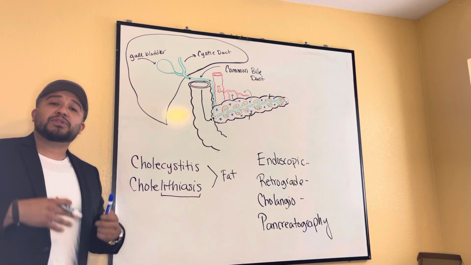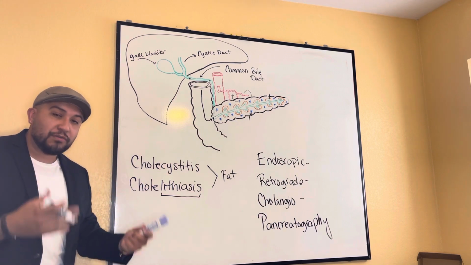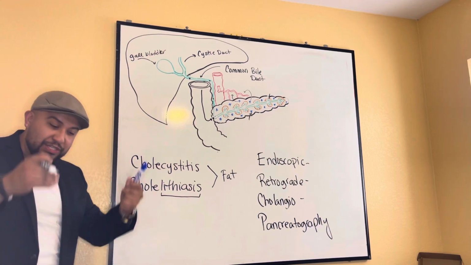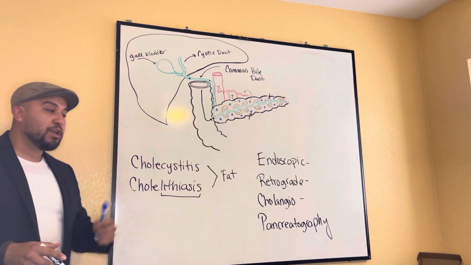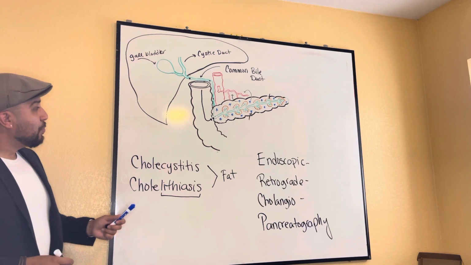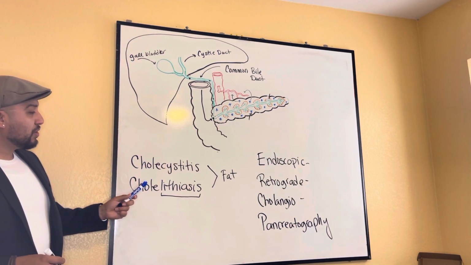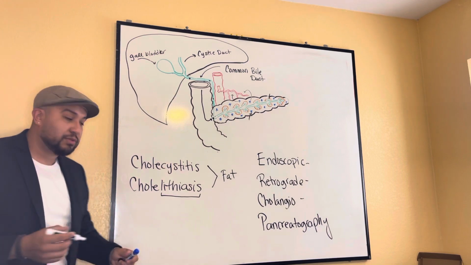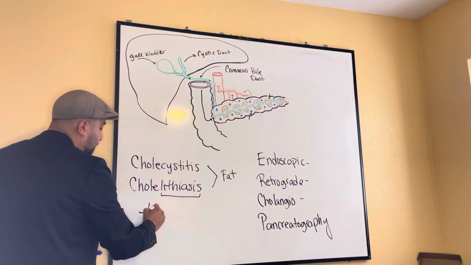At that point, we start talking about potential interventions. Generally speaking, pain is one of the most important things we deal with right now. We don't give morphine, we give Demerol. We can also start talking about the removal of the stones. Now, how do we remove the stones? There's something called lithotripsy.